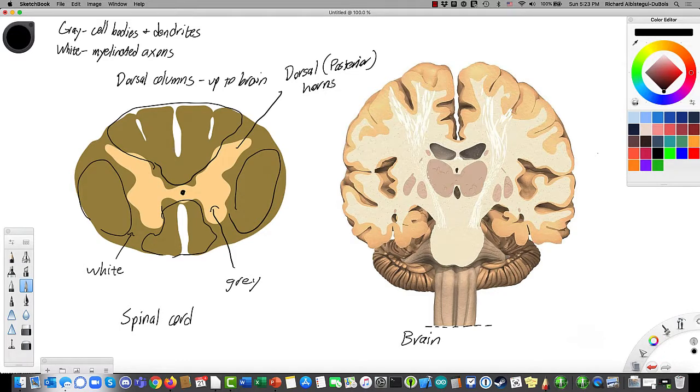Those are the areas where you actually find mostly cell bodies, some sensory cell bodies. Whereas down here, in this area where it says gray, these are the ventral or anterior horns.